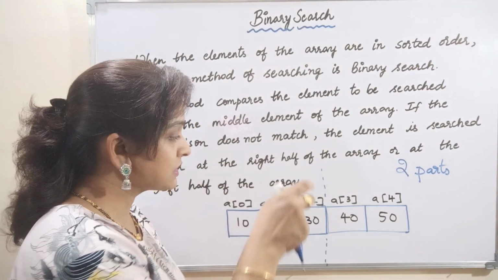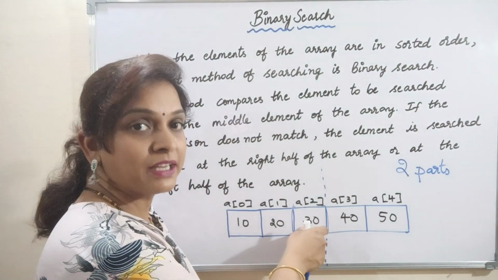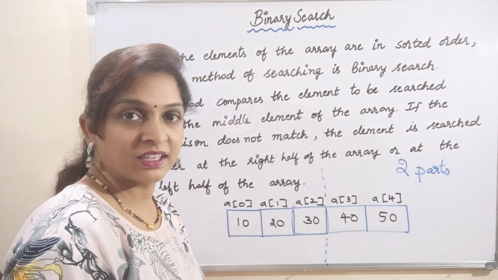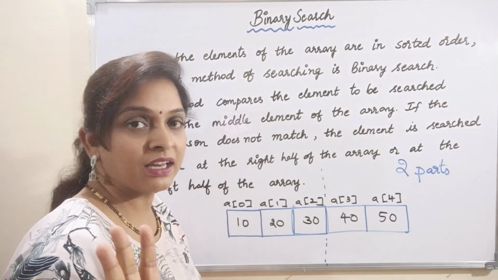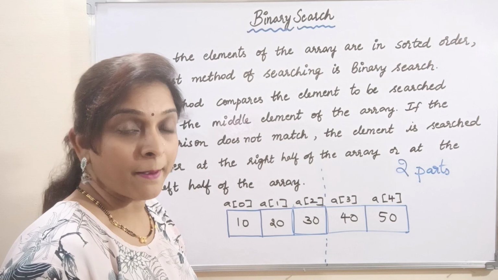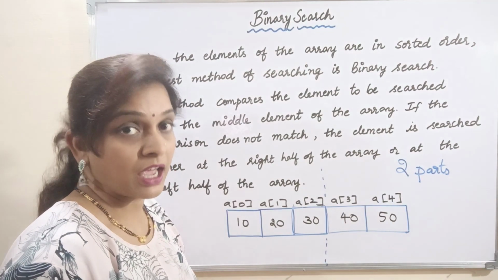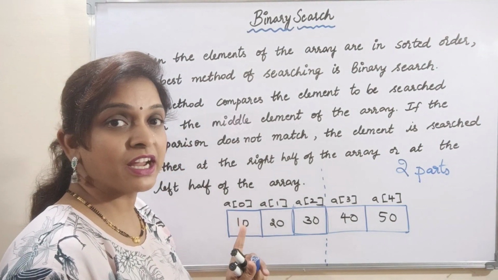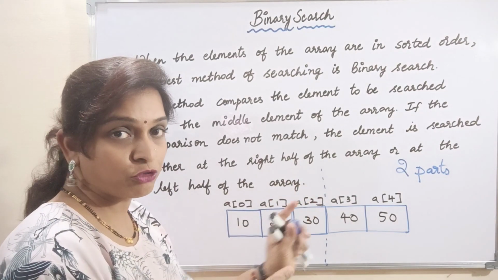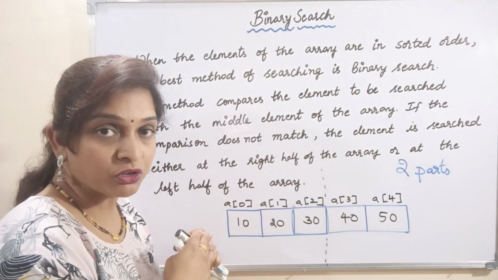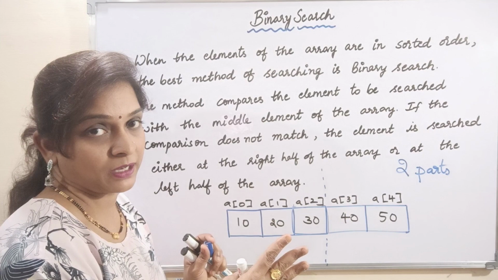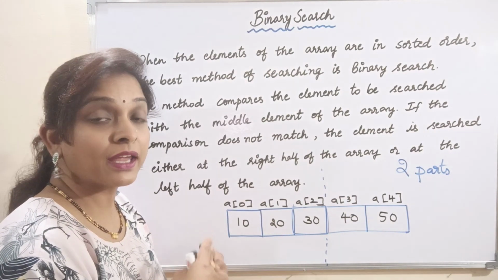If the search element matches the mid element, my work is done. I'll simply grab the position and come out of the loop. But if not, I have to go towards the left side or right side. I have to move towards the left portion of the array or the right portion of the array. So how can I do that?